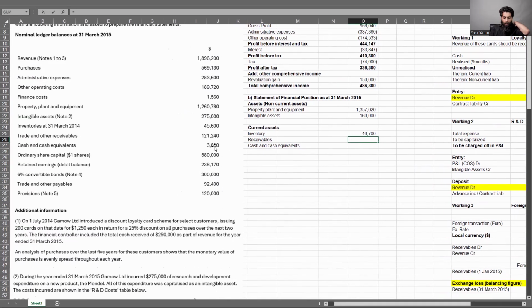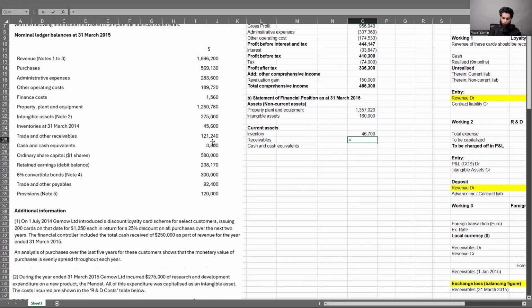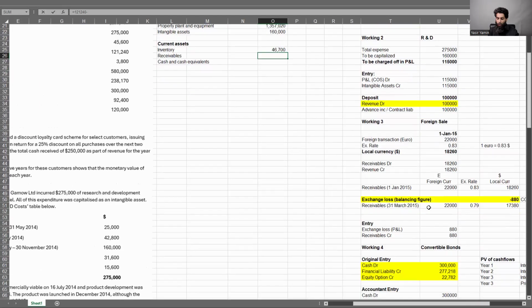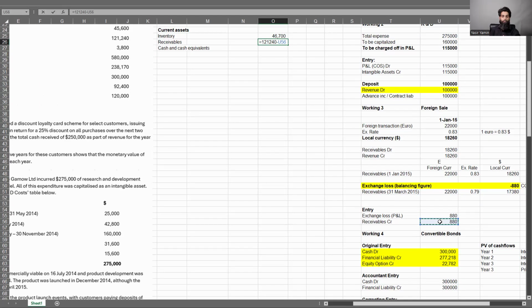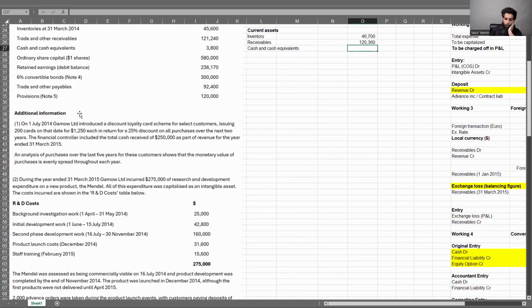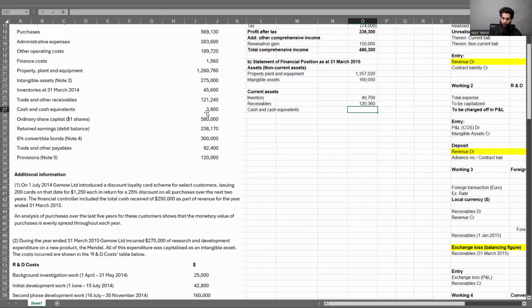We have our receivables ready-made, 121,240. But I'm going to subtract the loss. Remember, there was a foreign currency loss, exchange loss, 880. P&L debit, but there will also be a receivables credit. Done. And if you can see the question, there are ready-made cash and cash equivalents given of 3,800. These come as they are. So what should be our total assets?